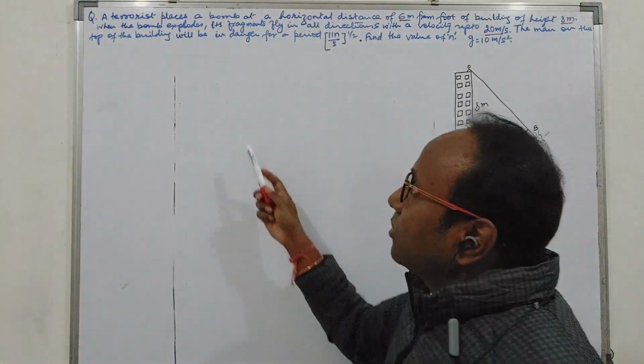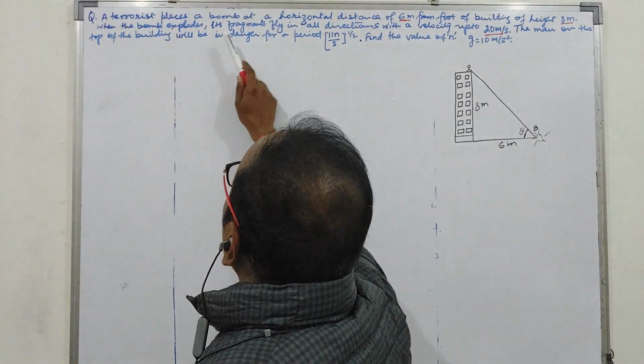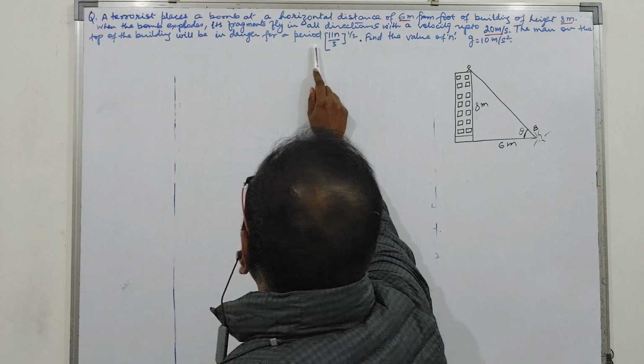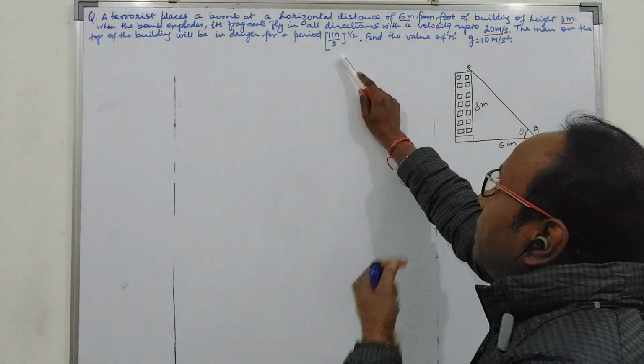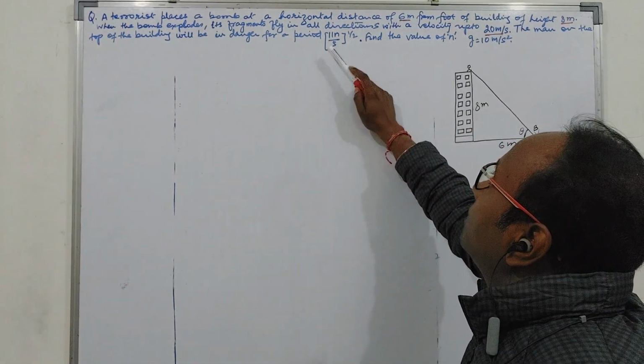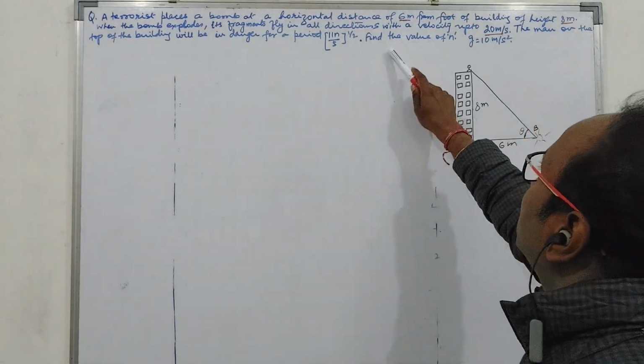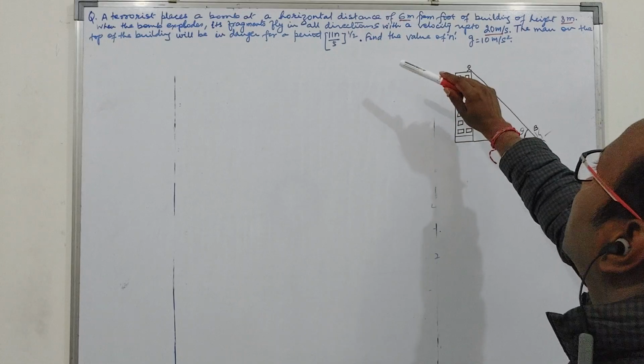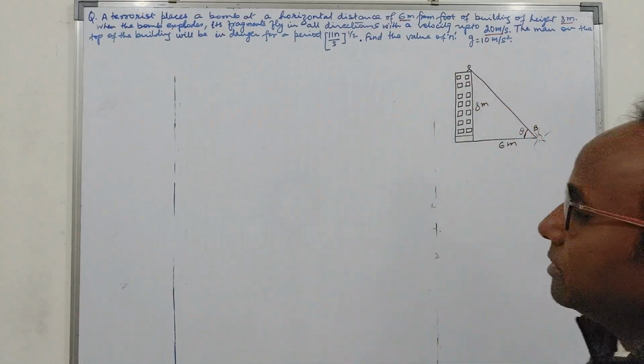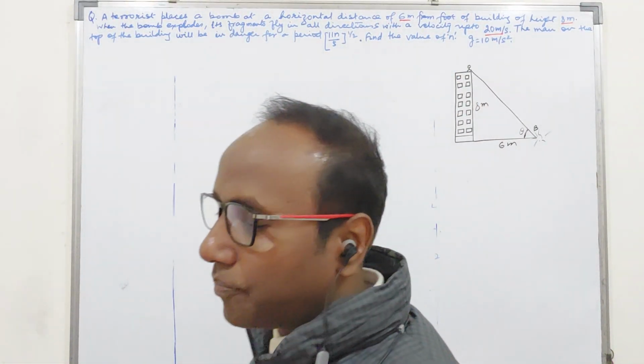The man on the top of the building will be in danger for a period. The expression is given as under root of 11L divided by 5. Find the value of n. g should be taken as 10 meters per second squared.